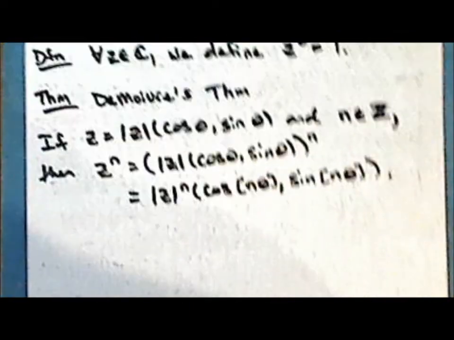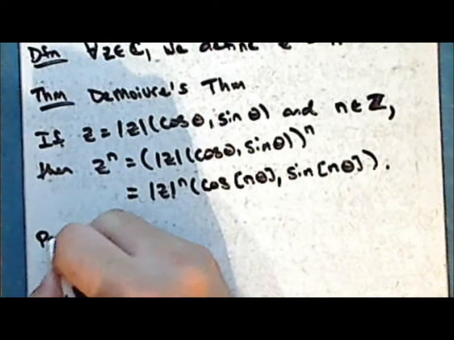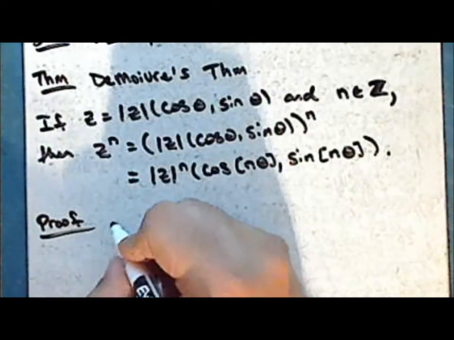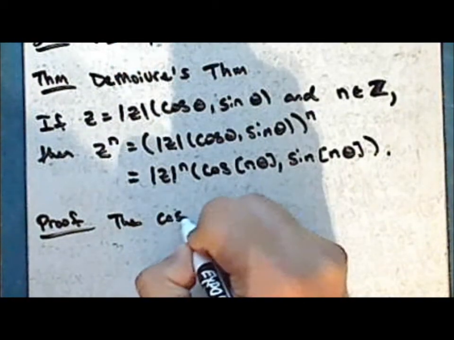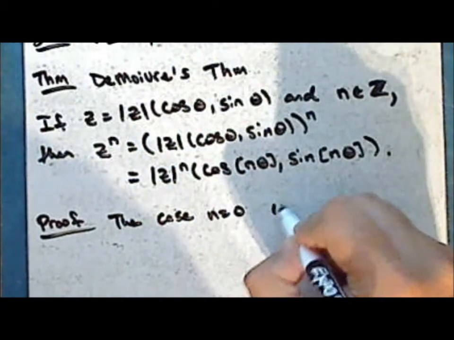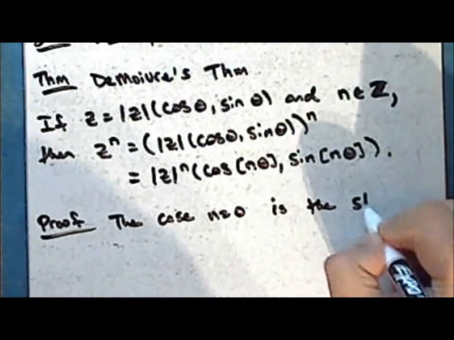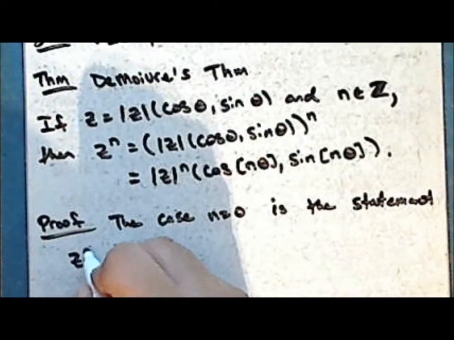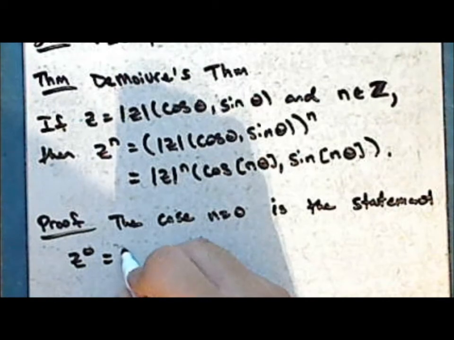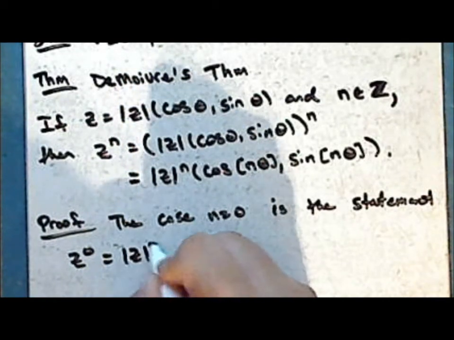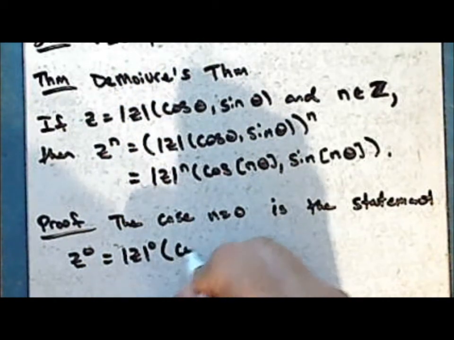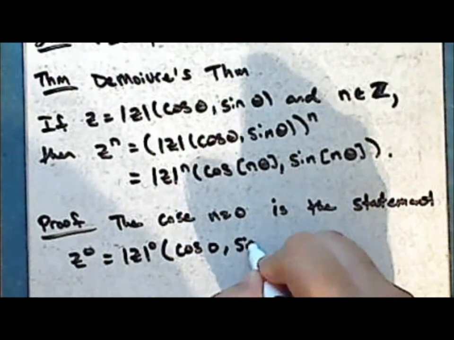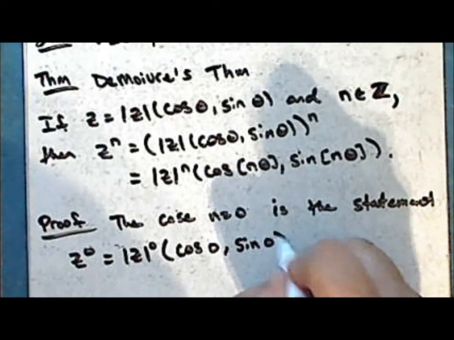All right, so proof. The case n equals 0 is the statement z to the power of 0 is the modulus of z to the power of 0 times the ordered pair cosine 0 times theta, which gives us 1, and sine of 0 times theta, which gives us 0.